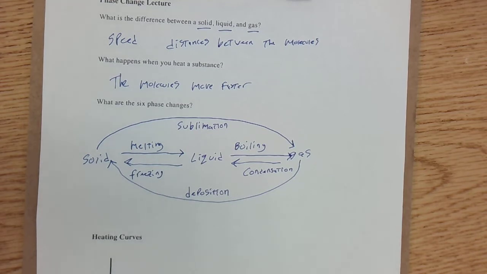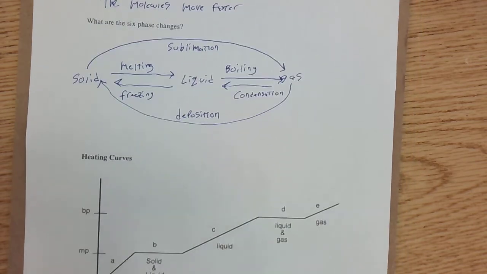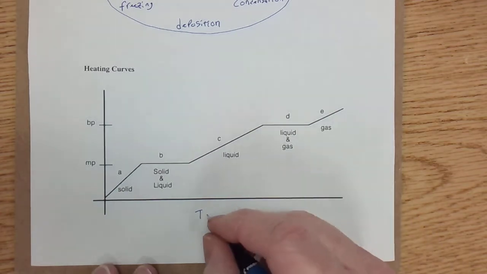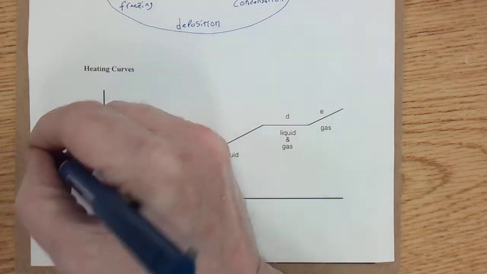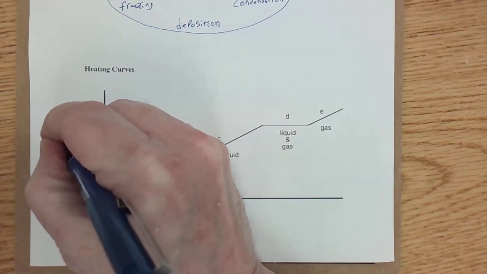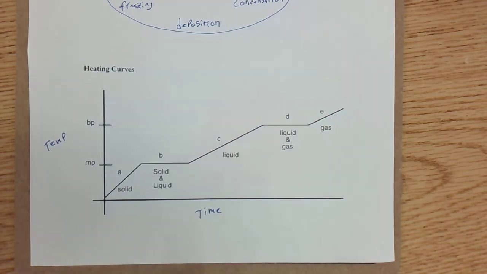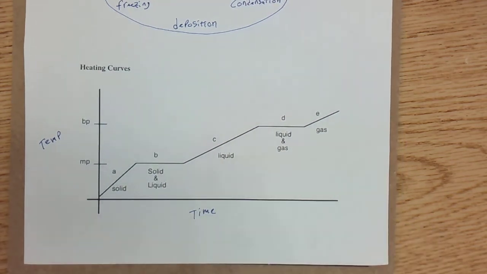Okay? Now, the little lab that you did where you were heating up a beaker full of ice to generate a heating curve that looks something like this. When you take any solid and you plot time on the x-axis and temperature on the y-axis, it's going to give you something that looks like this.